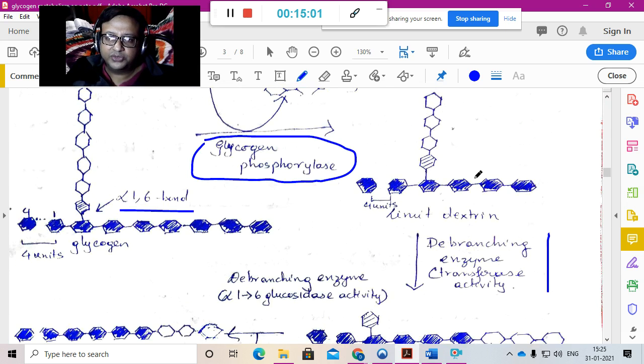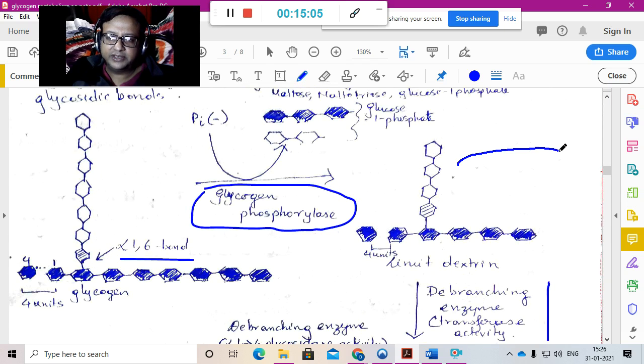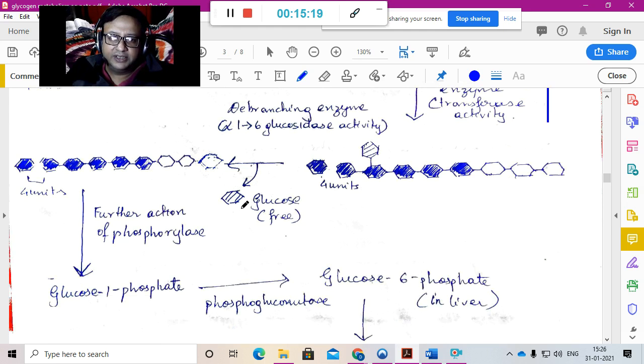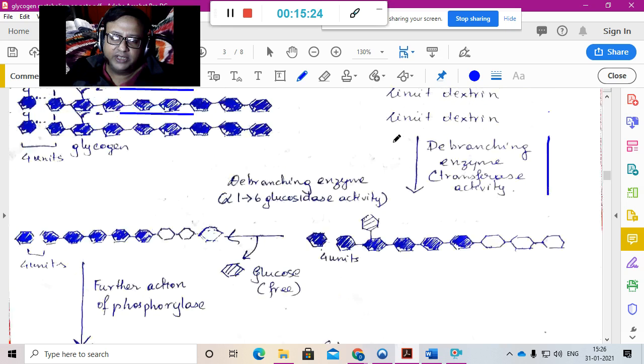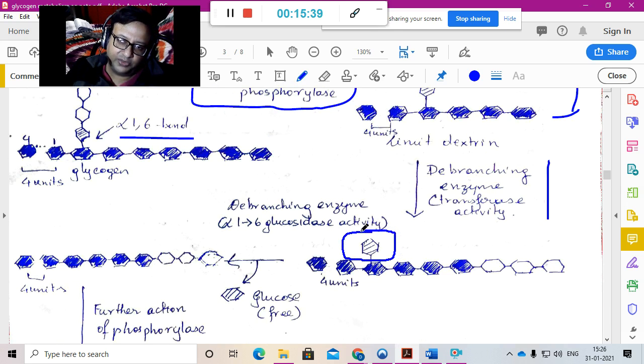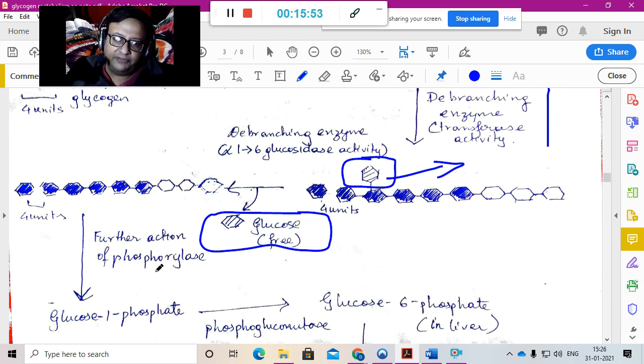What it does is remove these groups: 3 of the 4 glucose units are transferred to another chain end, and then the free glucose that remains attached at the branch point is released by alpha 1,6 glucosidase activity. So this free glucose is removed.